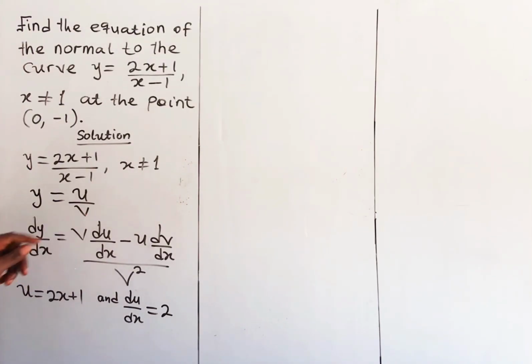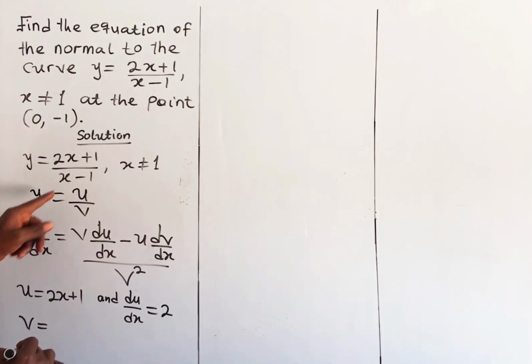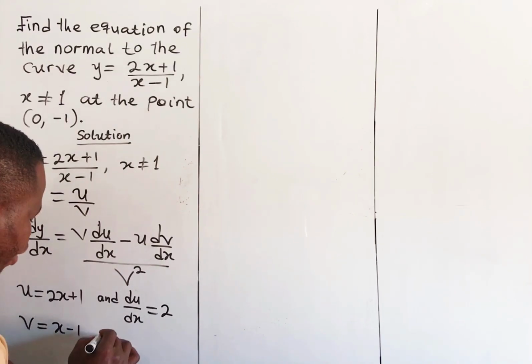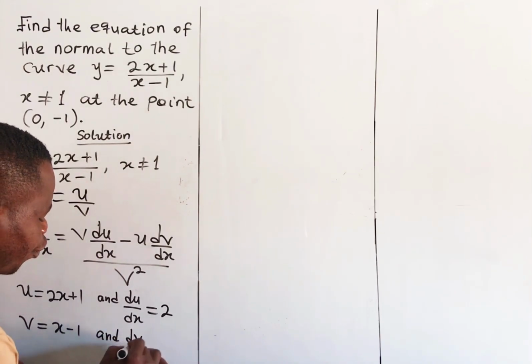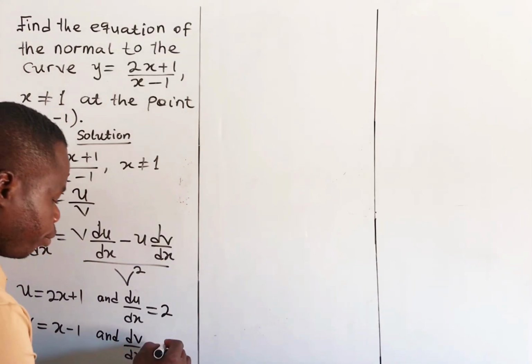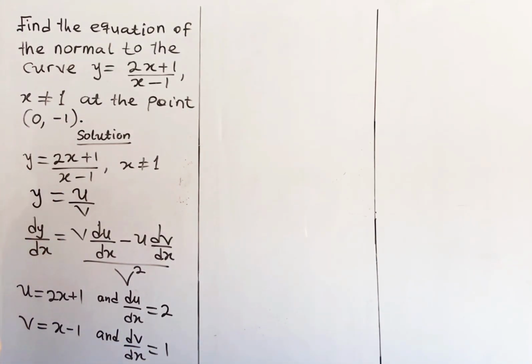Then the denominator here, which is v, will be equal to the denominator of the curve, that is x minus 1. And if I differentiate to get dv dx, the differential of x is 1, and the differential of minus 1 is 0. So that means that if I differentiate v, I will get 1.